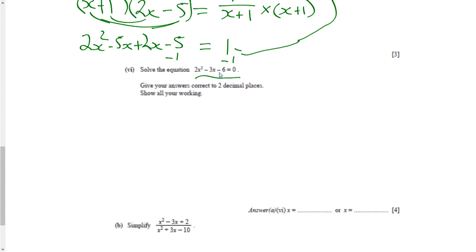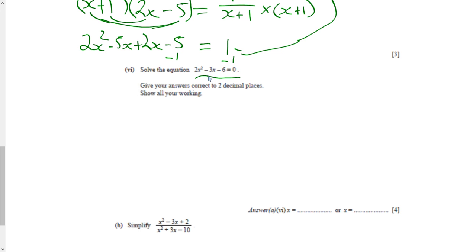The reason I know it's a quadratic equation is because the highest power we have of our variable is 2. We've got this 2x squared here. If I had 2x to the power of 3, that would be a cubic. Or if my highest power was to the power of 1, then I'd have a linear equation. But in this case, we know it's a quadratic.